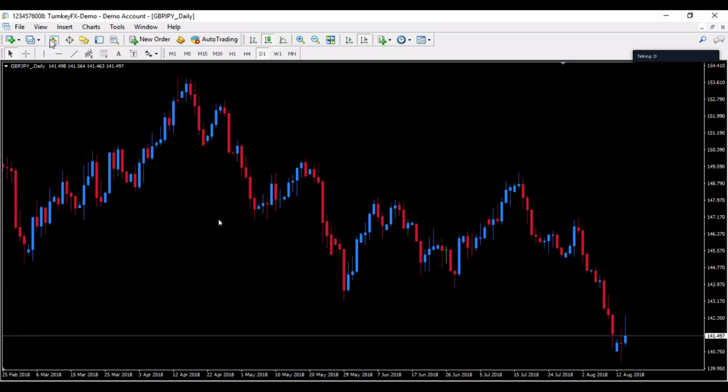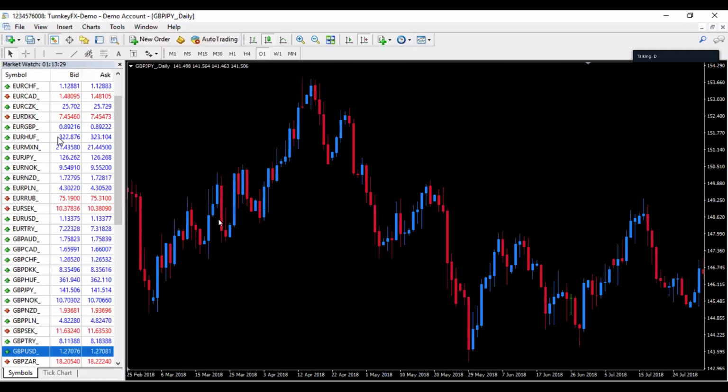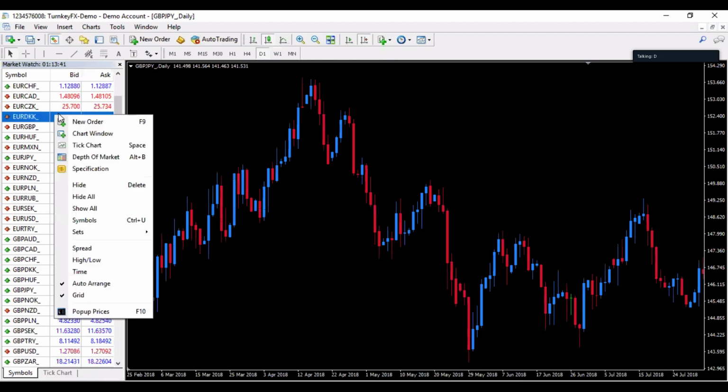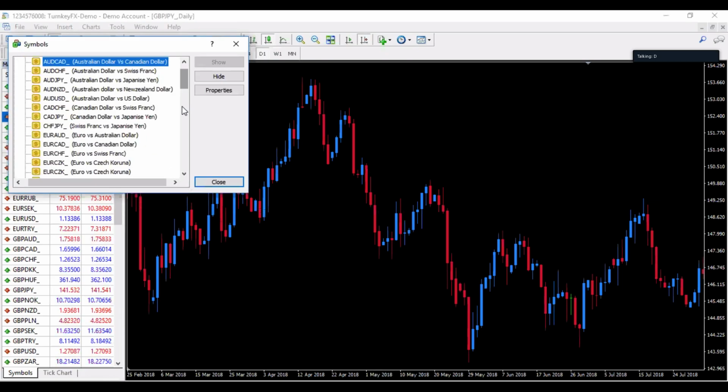And for all of those other people that missed how to add pairs to your market watch list, as I was saying, what you want to do is go up here and click where you see this negative and positive, or bullish and bearish arrows right here. And click anywhere inside this market list, right click, and click symbols. Once you click symbols, it'll bring up all the pairs that are possible to trade in Forex.